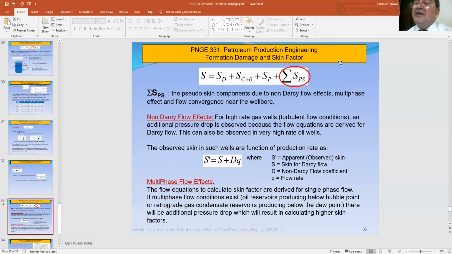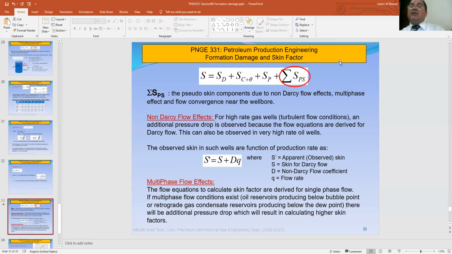And again, going back to the same concept, whatever the required additional pressure drop, we can call it skin factor. Okay, there is a pressure drop required by the flow itself. I'm not talking about this one.